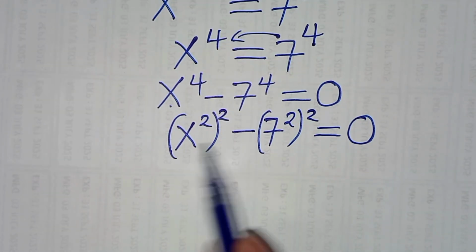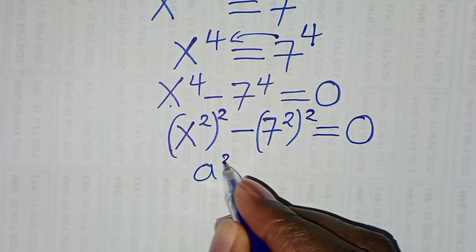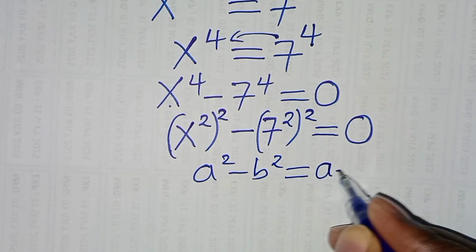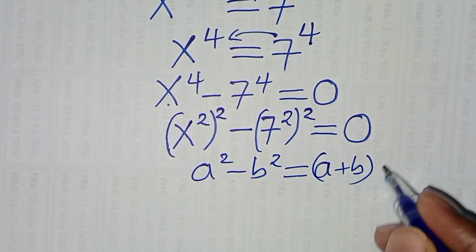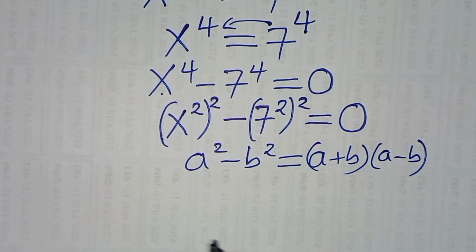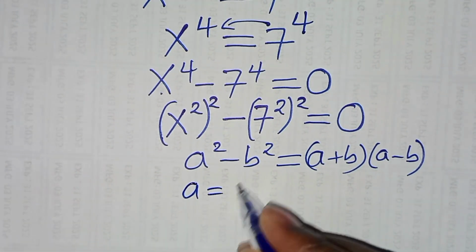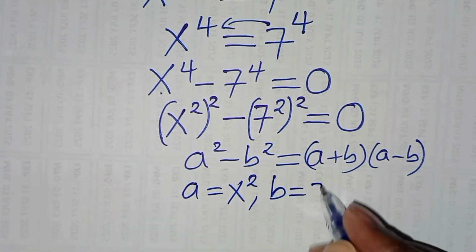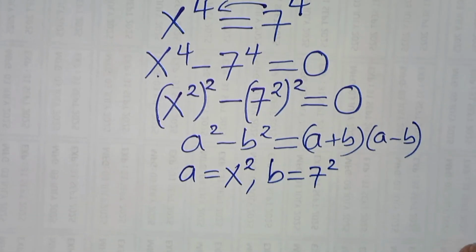Now this is actually in the form of a squared minus b squared, which we can express as a plus b, a minus b. Now a is equal to x to power 2 and b here is equal to 7 to power 2.